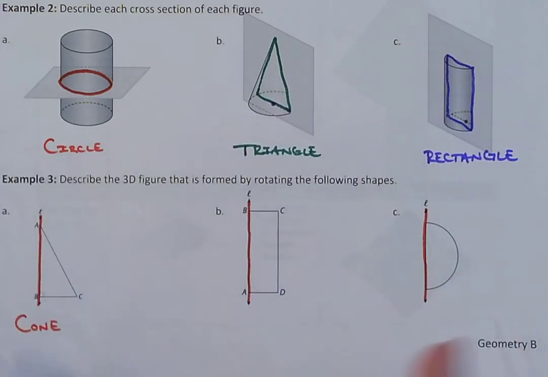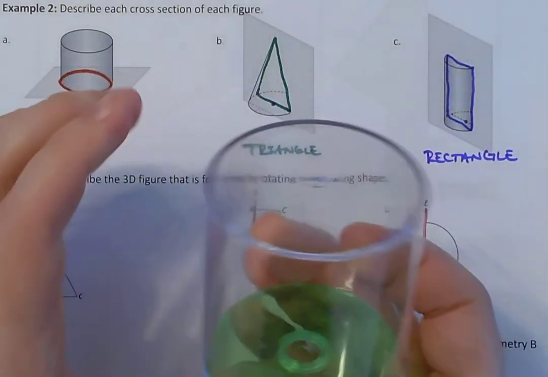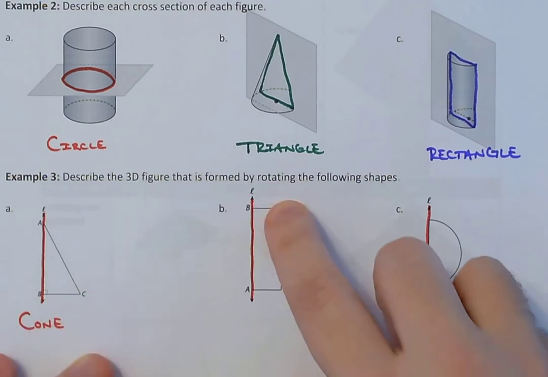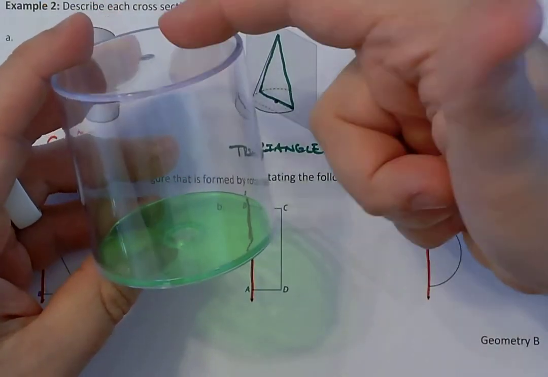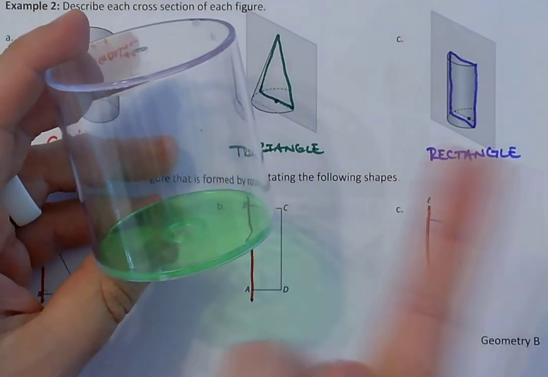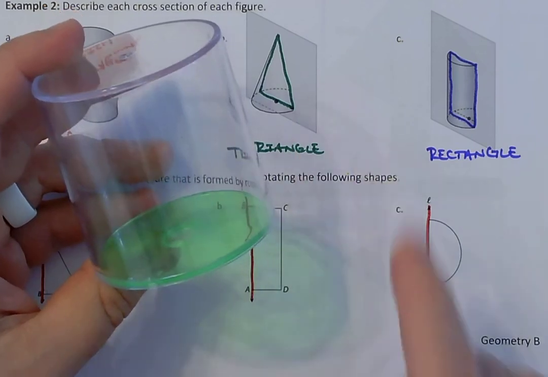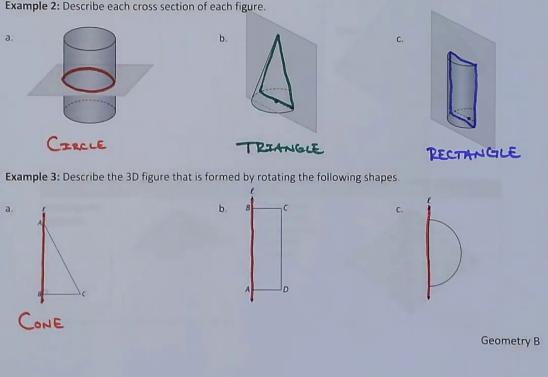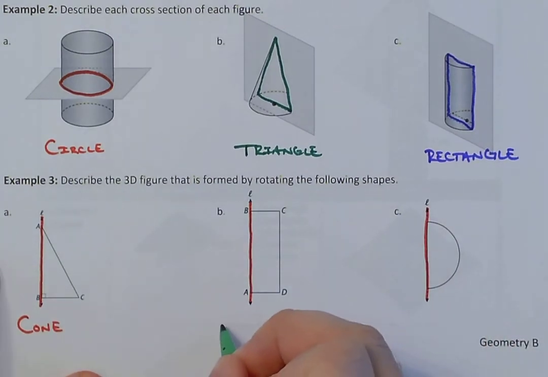Because imagine, again, if we're rotating in a circle 360 degrees, that's going to give us our circular base, and because we have a top and a bottom, that indicates a cylinder, and that circular shape is going to be formed by the rectangle for the side. So for example 3B, we get a cylinder.